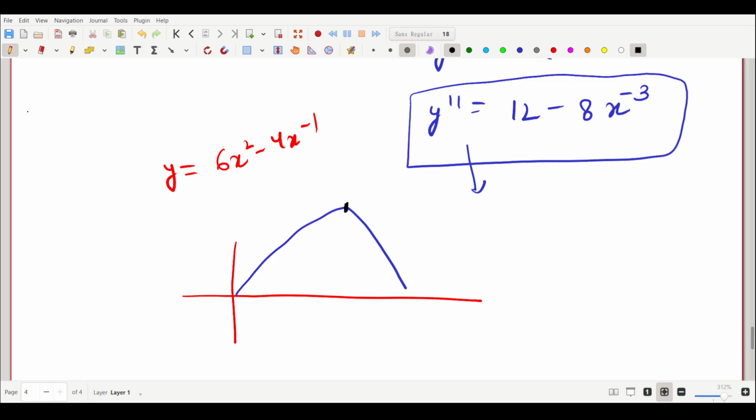It has the maximum value. Now it's going down. The curve was highest at this point, at this particular value of x on the x-axis. So y double dash will tell you, at this particular value of x, what is the nature of the curve? The curve is maximum or the curve is minimum. This is why we require to find the double derivative.